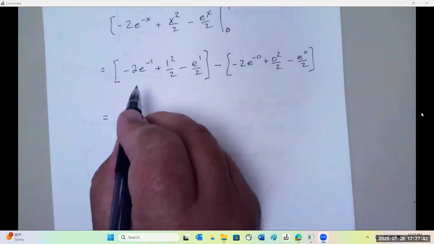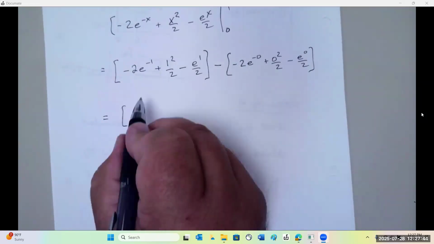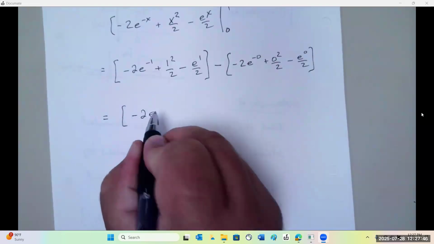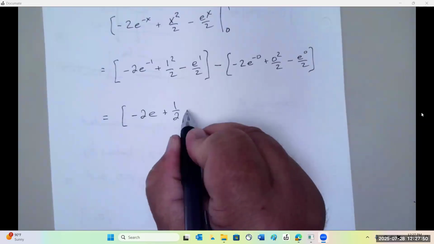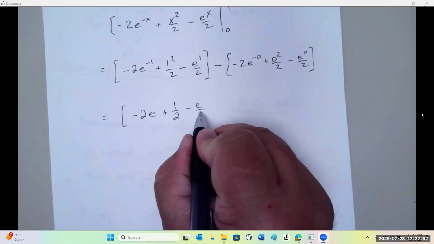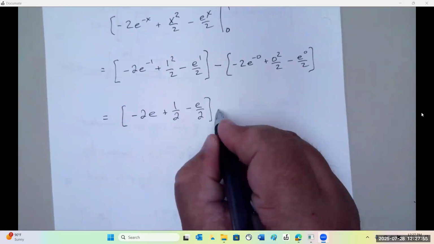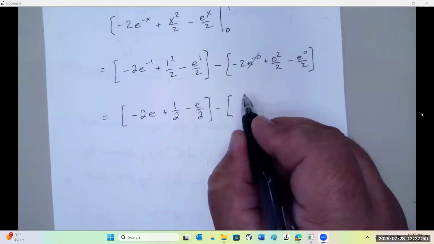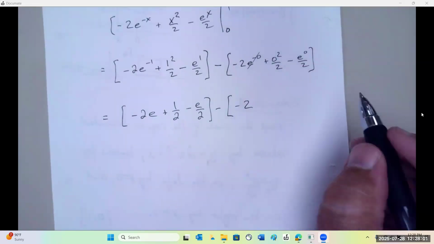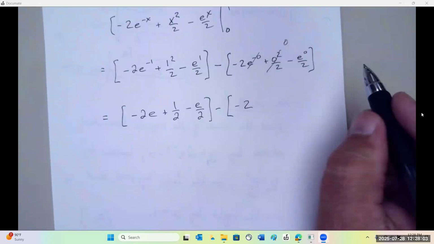So we have negative 2e plus 1/2 minus e over 2, minus e to the 0 is 1, so it's negative 2. That's 0.